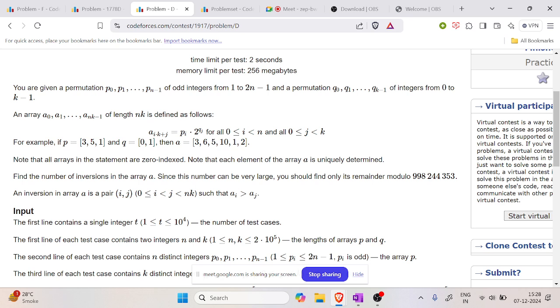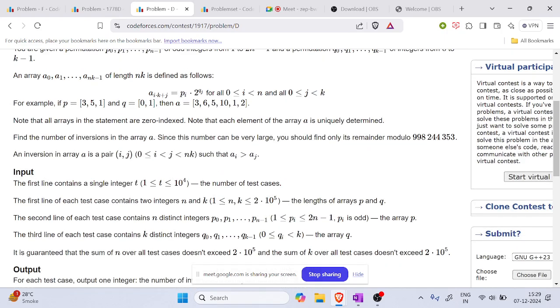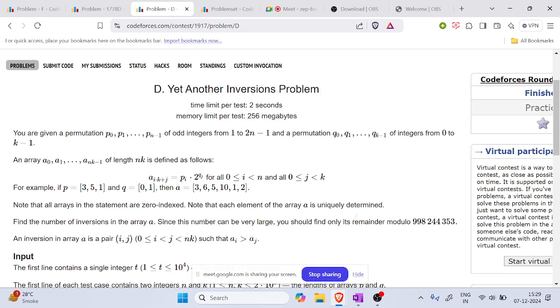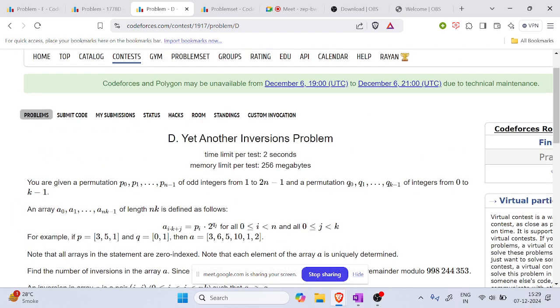And then in the kth element you write p1 times 2 to the q naught, and then p1 times 2 to the q1, and so on. Now, wait a minute. Yeah, so now what you want to do is find the number of inversions in this array.